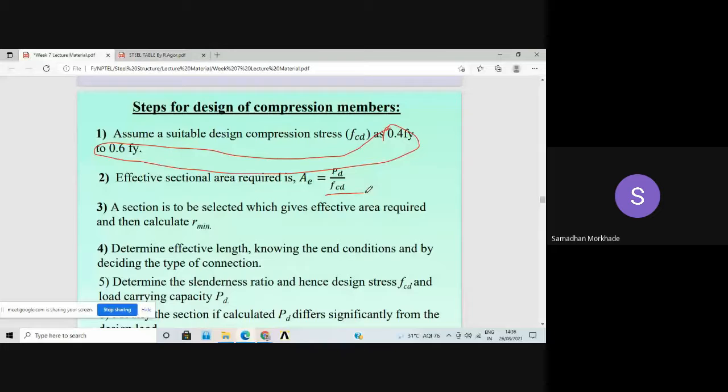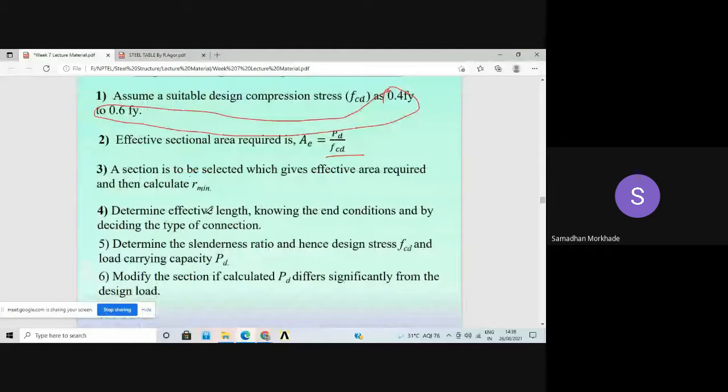Now step number 3. As in the case of tension members, after getting the area, we select the sections from the steel table. And how to select the sections? We have to select a section whose area is equal to the area from step number 2 or more than that.